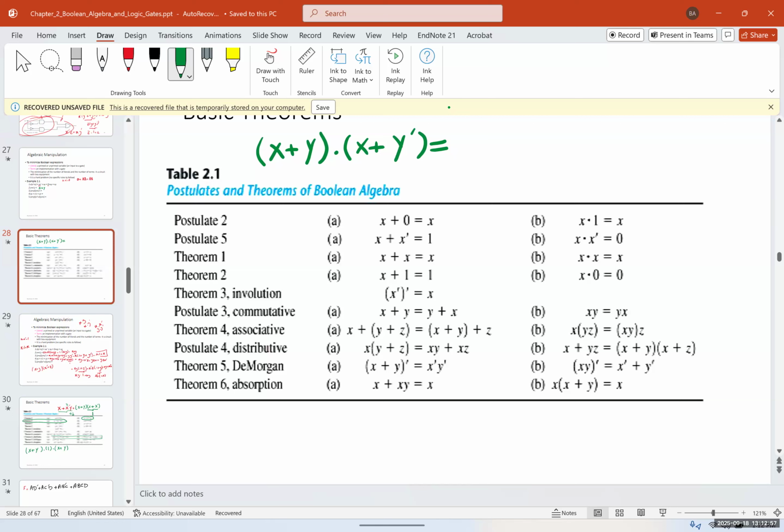Again, you would look in this table and see which one of these postulates or theorems are similar to our question. Again, there are multiple ways to solve this.